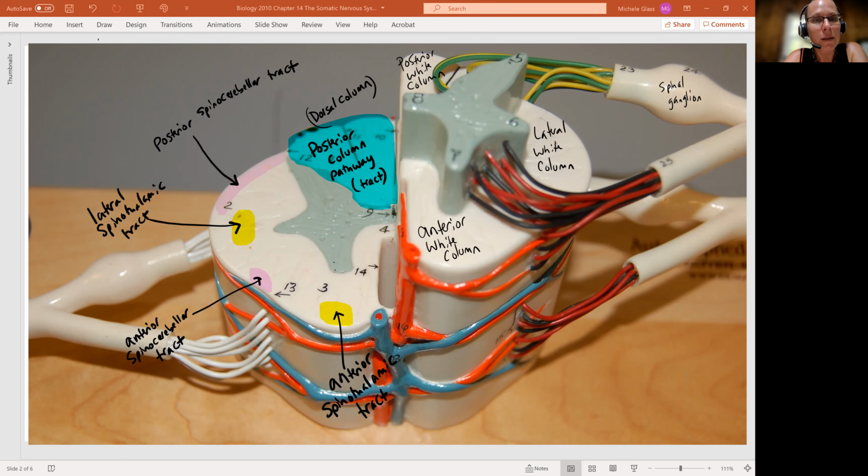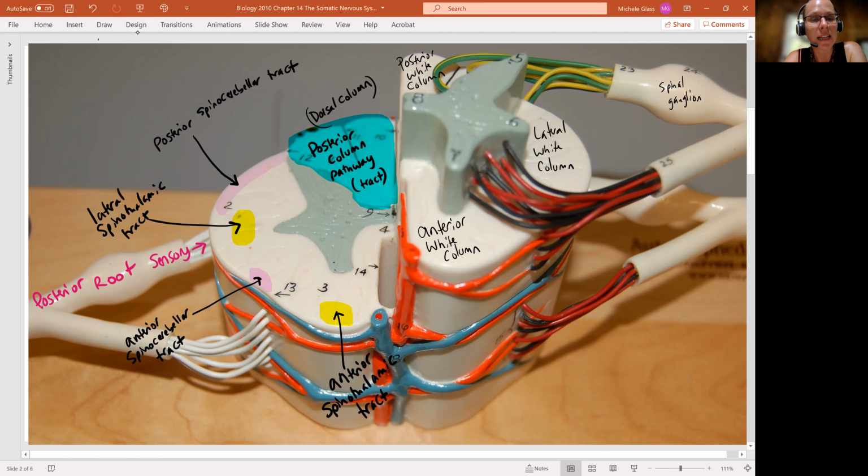And so what we're talking about is sensory information being brought in through that, remember, dorsal root, or we probably called it posterior root. So let me make that correction. And this is sensory information coming in, and then it's going to make its way to one of these tracts, right? One of these pathways so it can get its way to the brain.